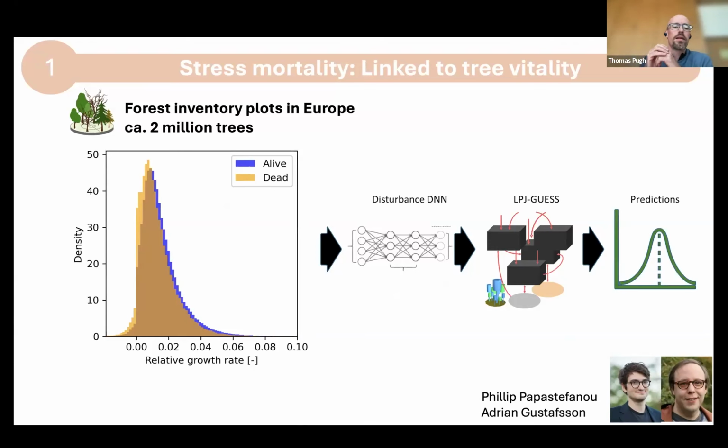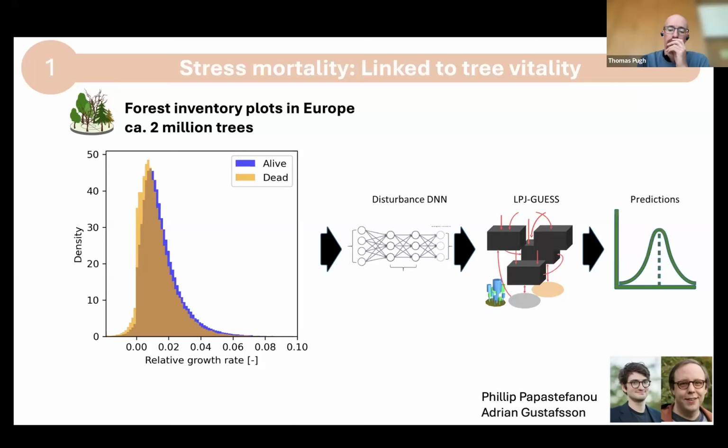And what we've been doing here is we've taken forest inventory data, so remeasured individual trees. In this case, in Europe, it's about 2 million trees behind this work, and quite a lot of people measuring them actually. And we look at how the probability of death varies, for instance, relative to the growth rate of those trees or the size of those trees or some other aspects.